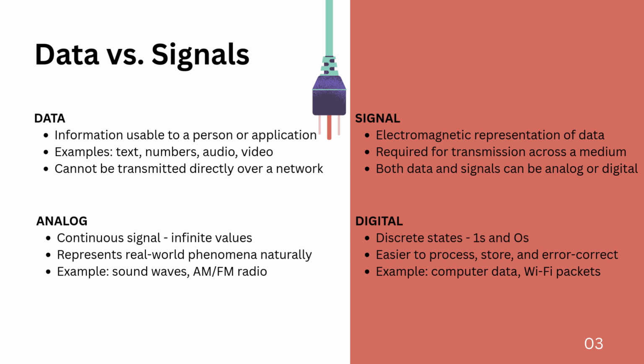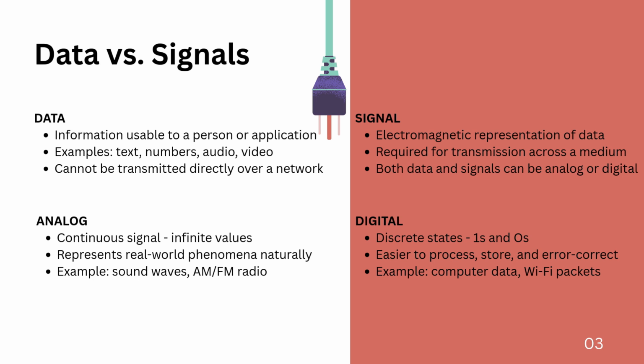Now let's understand the differences between data and signals. Data is information such as text, numbers, audio, and videos. But data cannot travel directly through the air. So data must be converted into a signal.